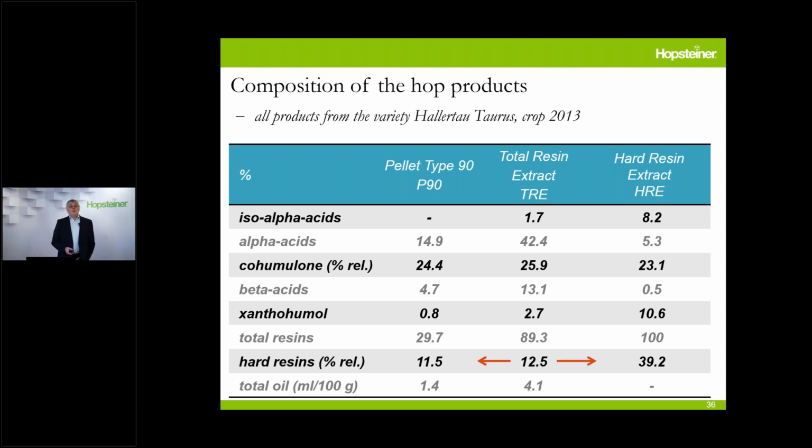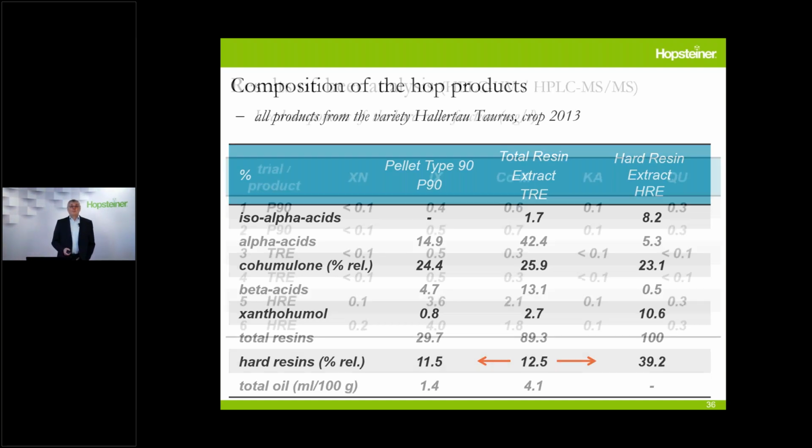And if you now have a look at the relative hard resin ratio, you see that pellet type 90 and total resin extract are very similar, whereas the hard resin extract is very enriched in hard resins. And the total oil content is also not given in the hard resin extract.